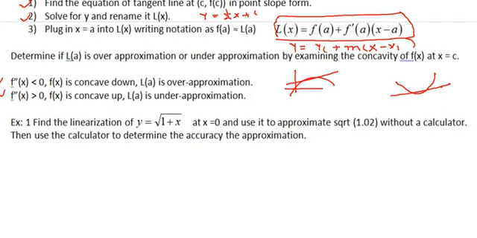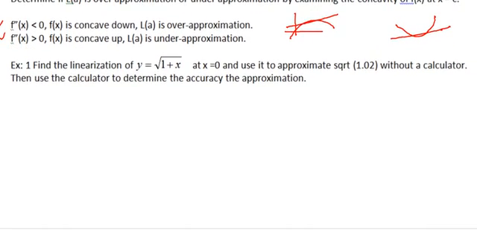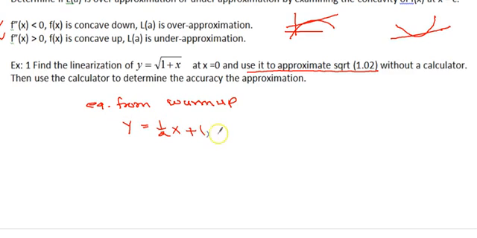So let's take a look at exactly the example we have in the warm-up. From the warm-up, we already got this same equation. Use this to approximate the square root of 1.02. So the equation from the warm-up is y is equal to 1/2 x plus 1. Now 1.02, and if I have 1 plus x, so x comes out to 0.02.